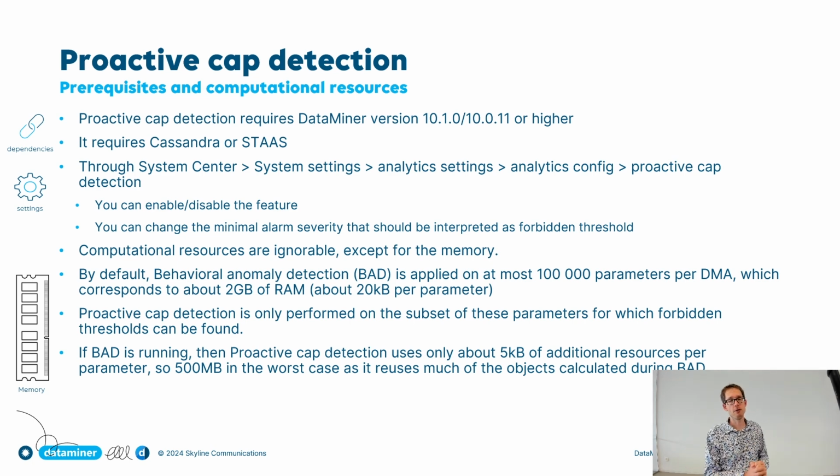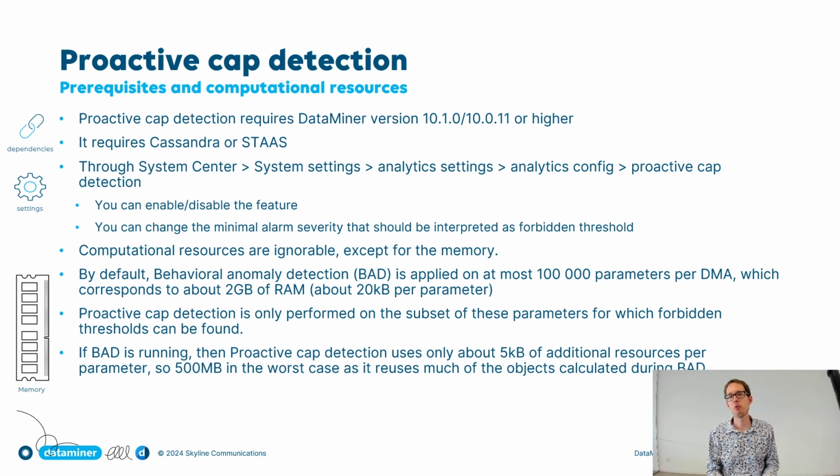The flip side, however, is that this is the feature that uses the most memory of all of our features. To be absolutely certain that we don't jeopardize any of your systems, we restrict the amount of parameters that have anomaly detection on.